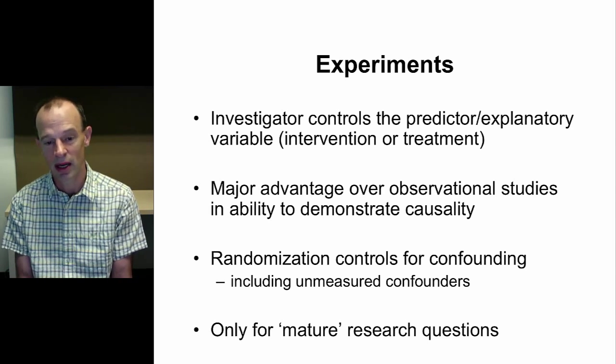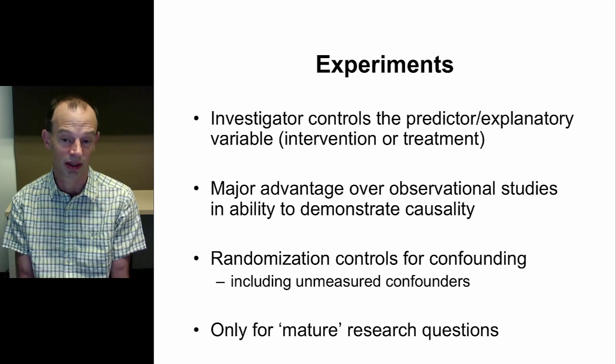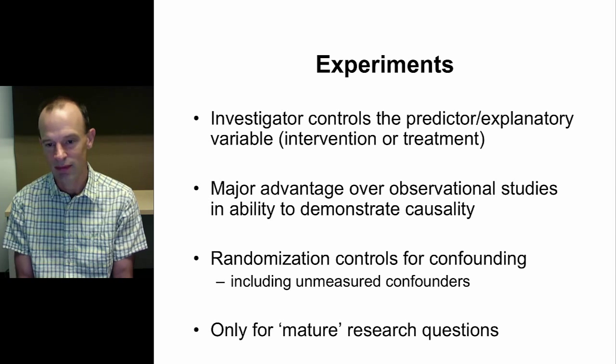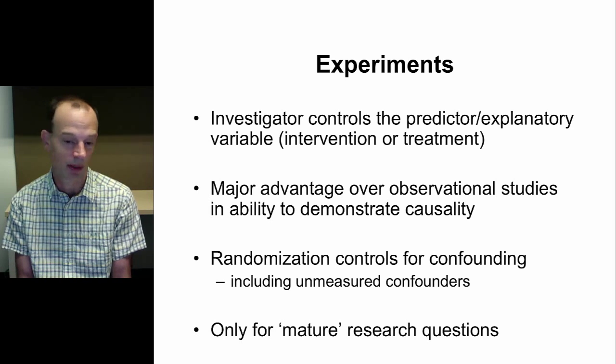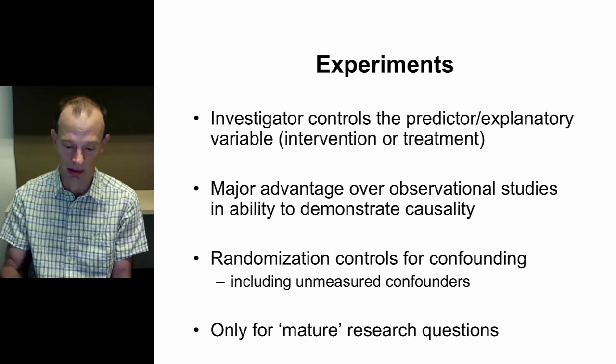And the other benefit of randomization is that it doesn't just control for confounding variables that you can actually think about, but it also likely controls for unmeasured confounders because of the randomization process. However, randomized trials or experiments are really only appropriate for so-called mature research questions, where you've got a good scientific basis for determining whether something is worthwhile to study in an RCT.